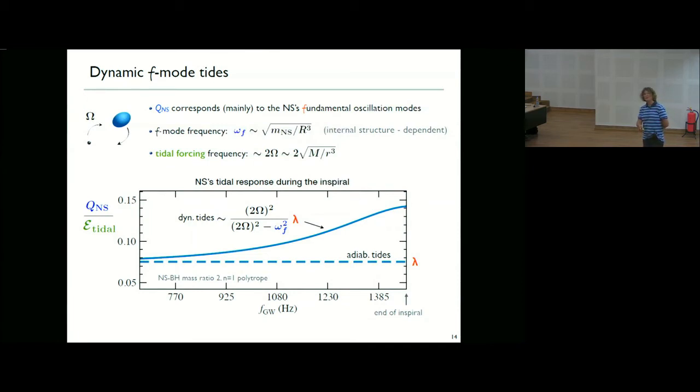You've probably seen this type of factor before. Even if the resonance isn't fully excited, the fact that it's such a broad resonance makes already a non-negligible imprint in this response.